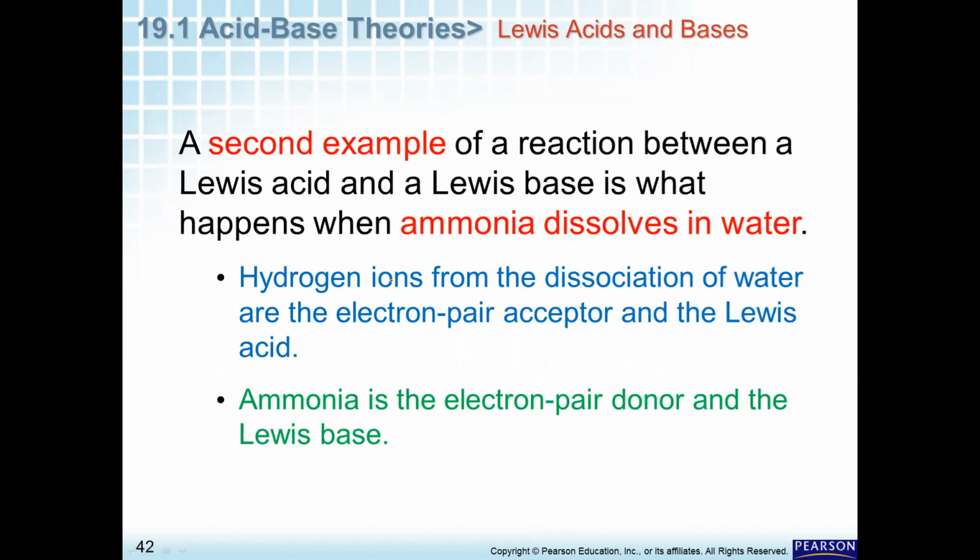It happens when ammonia dissolves in water, right? You have ammonia plus H2O. How are they going to act as acids and bases? Well, no, Lewis acids and bases. We're talking about electrons. So the electrons from here are going to be donated to something as an acid.